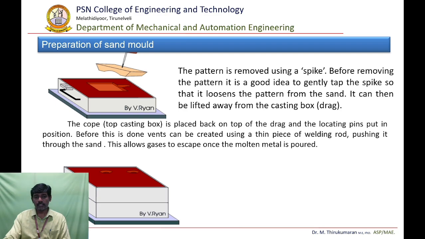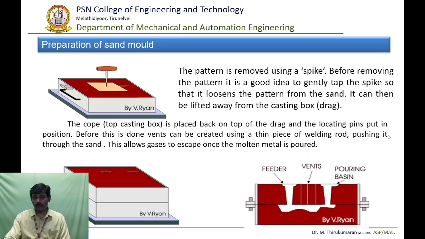Before this is done, vents can be created using a thin piece of welding rod, pushing it through the sands. So why do we need vents? This allows gases to escape once the molten metal is poured. Okay.